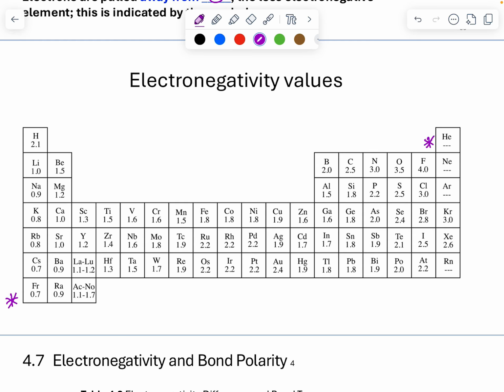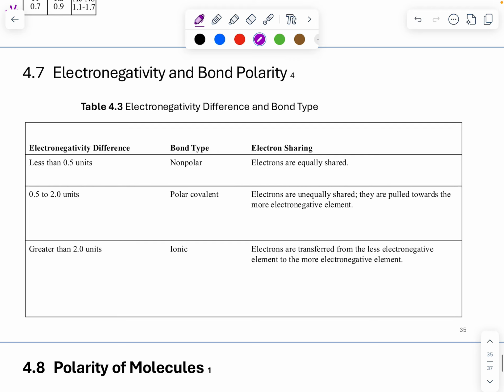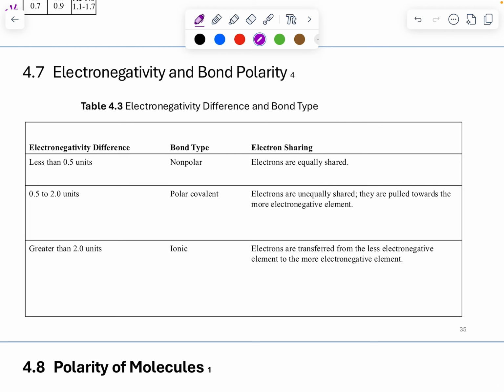And so when you want to determine what type of bond you have, you will simply take a look at these values, the values between two elements, and you will subtract their values and look at their differences. If the difference is less than 0.5 units, then we say it is a nonpolar bond, and those electrons are shared equally.